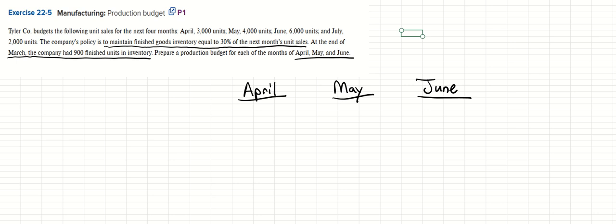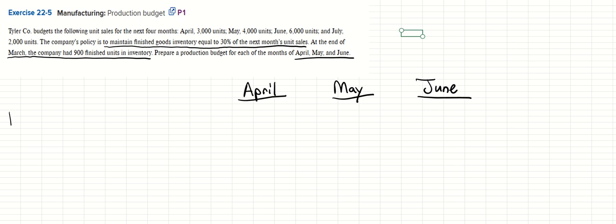Okay, so the very first and most important thing for us to do is figure out how much is needed in budgeted sales in units. That's very important because that's going to determine how many units will need to be produced in order to get X amount of sales.